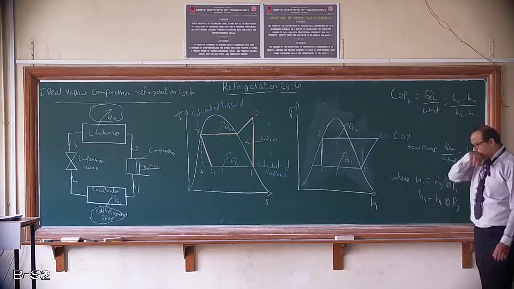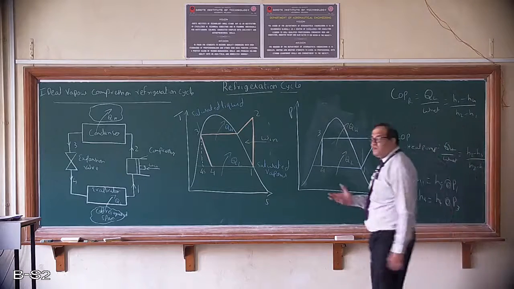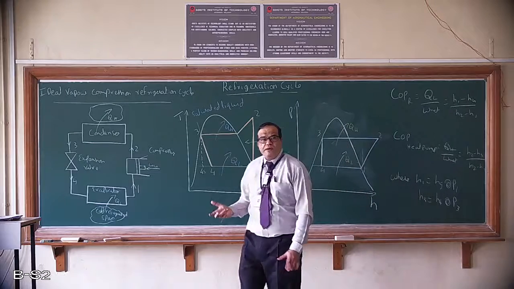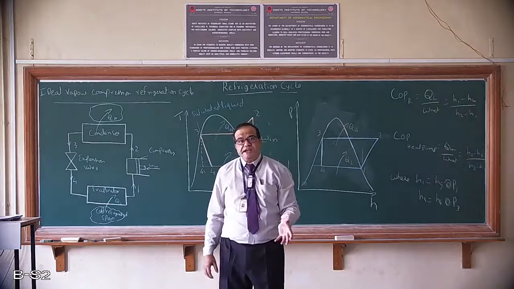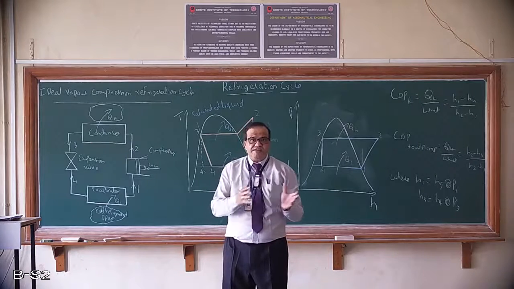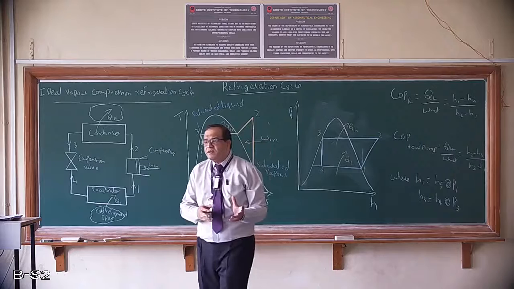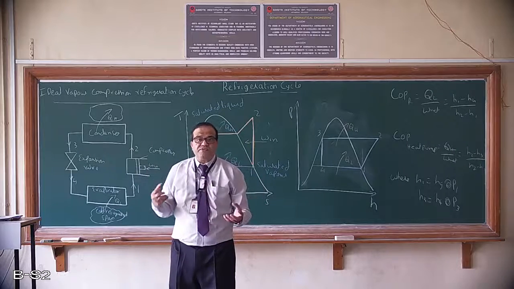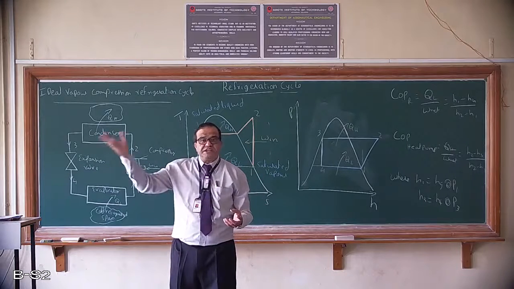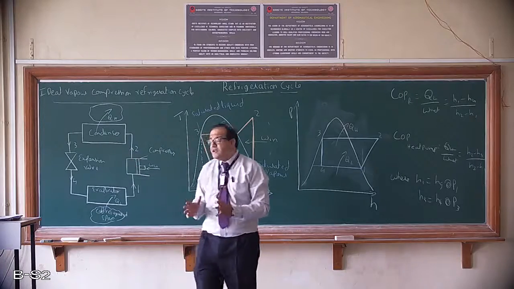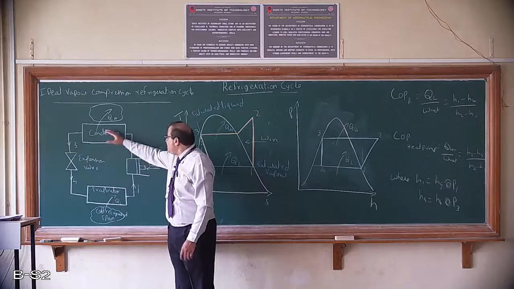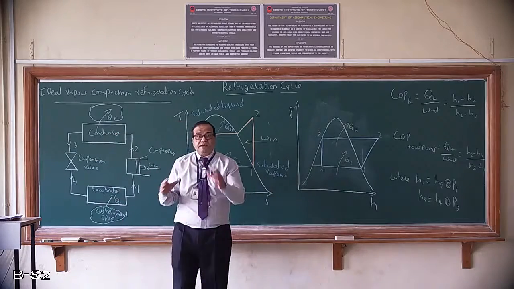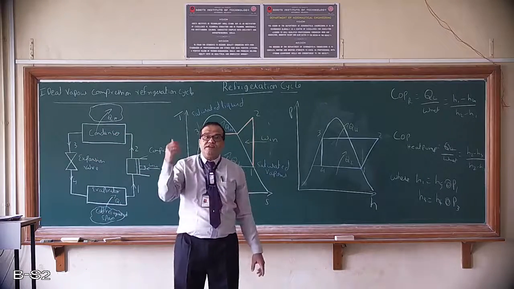And what is the function of a heat pump, and what is the difference between a refrigerator and a heat pump? Both work on the same principles, but the end objective is different. In a refrigerator, we need to absorb heat from the refrigerator space and reject heat to the surroundings. In a heat pump, we absorb heat no doubt, but heating some space is the objective.